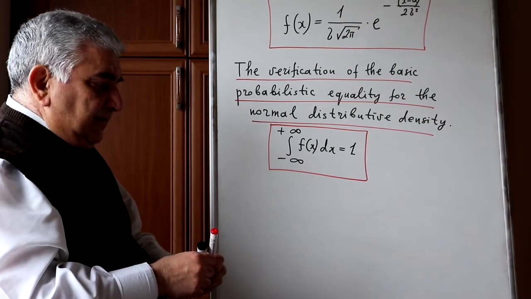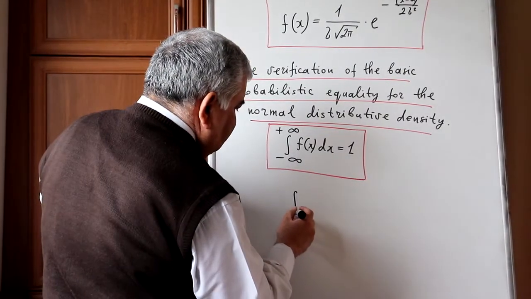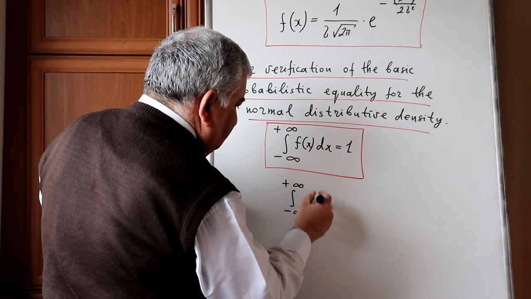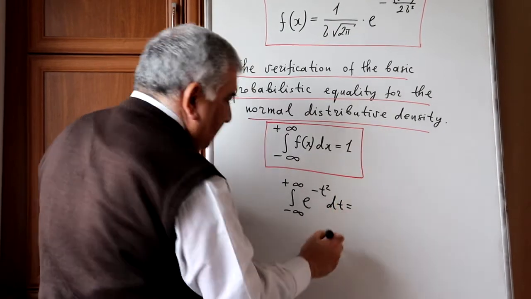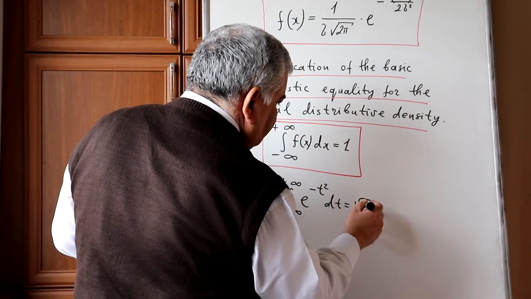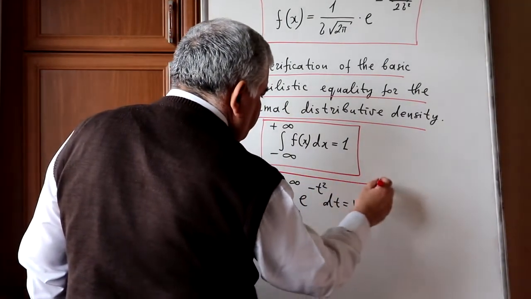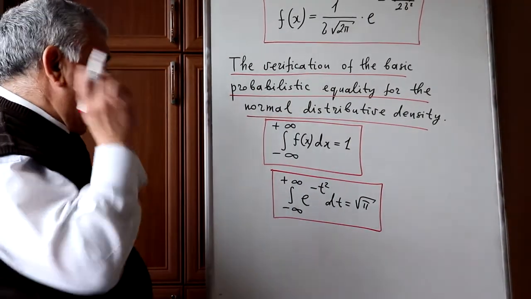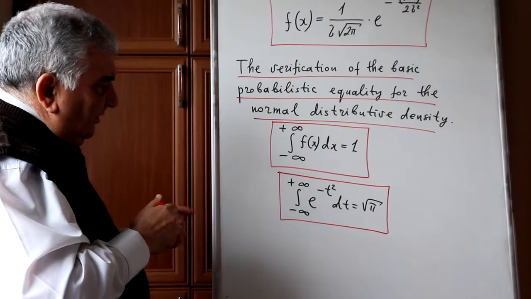According to this fact, the integral from minus infinity to plus infinity of e raised to minus t squared dt is square root of pi. This is an interesting fact from the calculus.